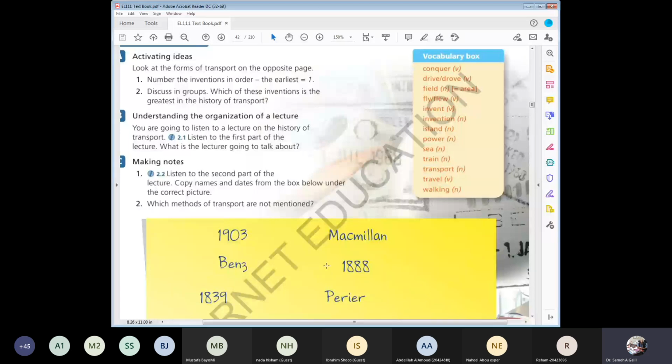Obviously, it would mean strength. When you have a website and they say powered by, and then they give you the name of a company. When we talk about cars and we talk about horsepower.